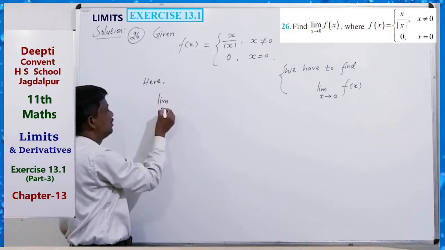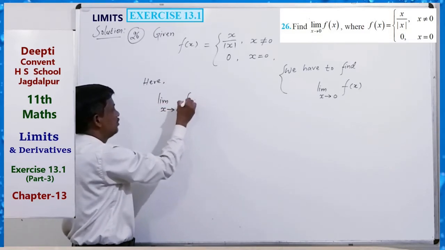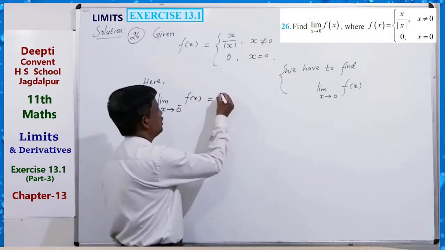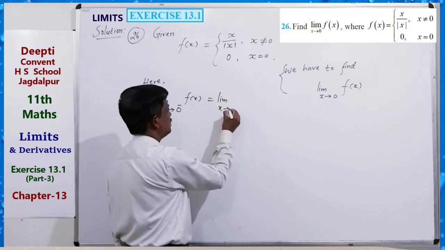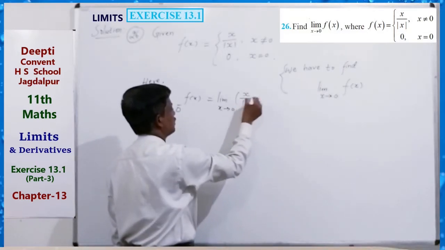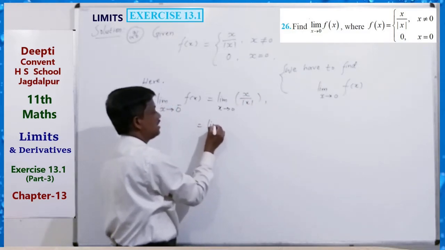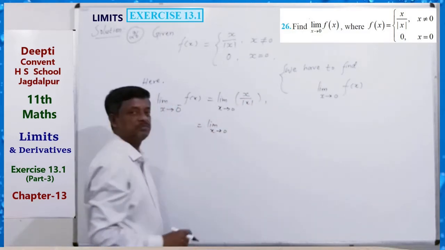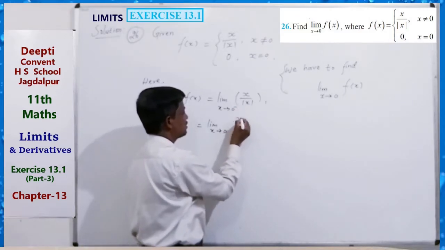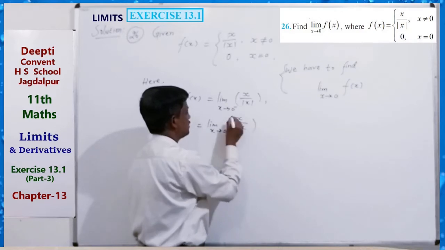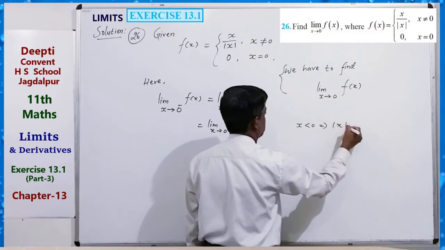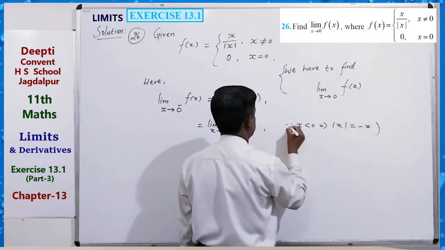Here the left hand limit is equal to the limit as x tends to 0 of x by mod x. By giving the same logic, x upon minus x, since x less than 0 implies mod x equals minus x.